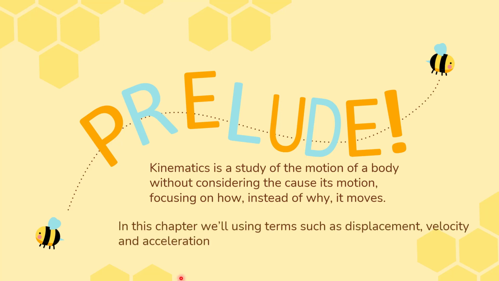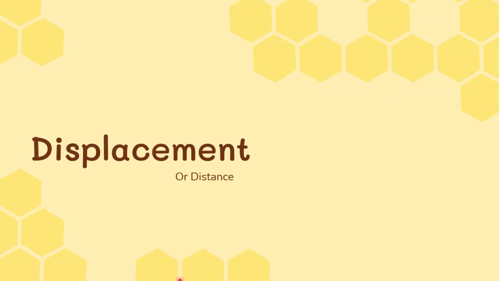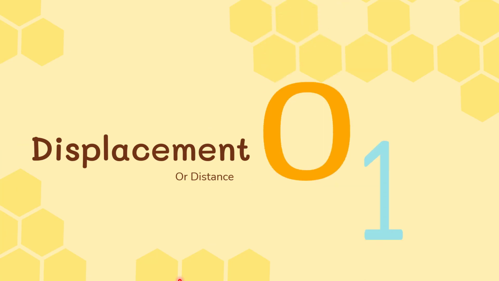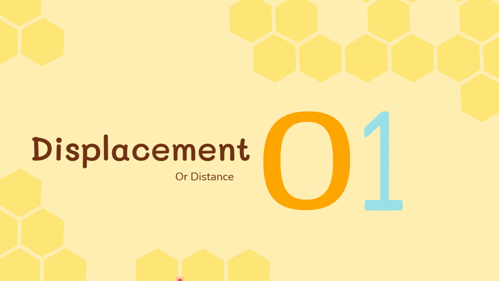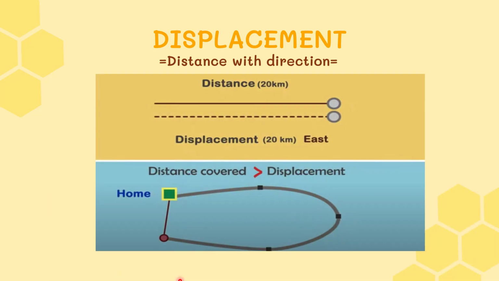So this is the content of this chapter, and for the first topic, we will learn about displacement or distance. So what is displacement? From the previous video, you know that displacement is distance with direction. So if it is a straight line, a distance of 20 km with the direction of east shows its displacement.